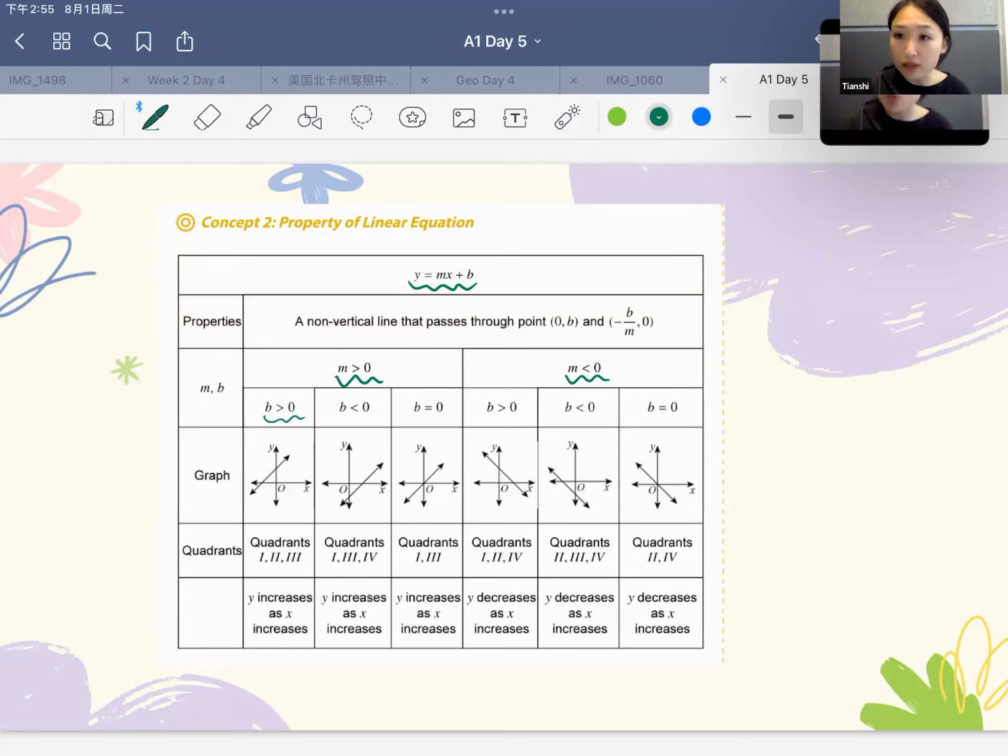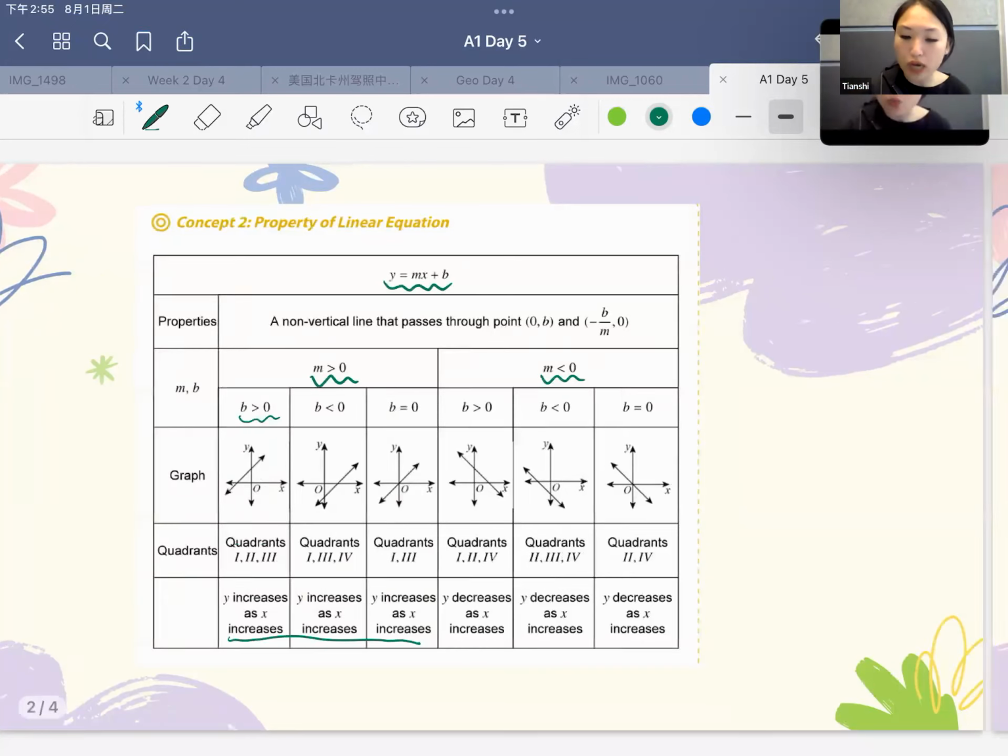So based on whether m is positive or negative, whether y increases or decreases as x increases is different. If m is a positive number, y increases as x increases because it's moving upward. But if m is a negative number, y decreases as x increases because it's moving downward. So these are all the basic concepts for linear equations.